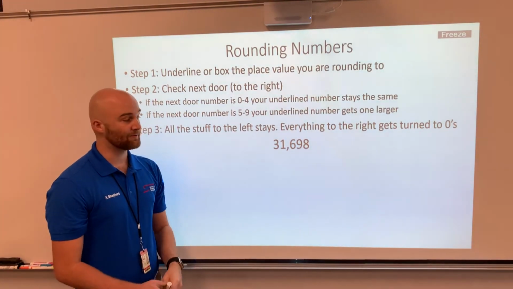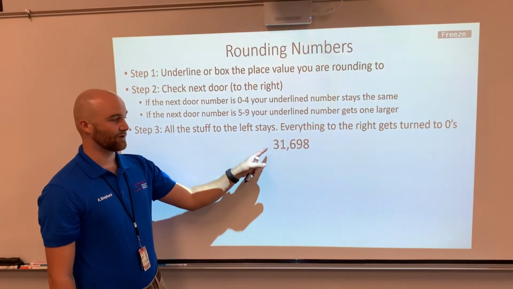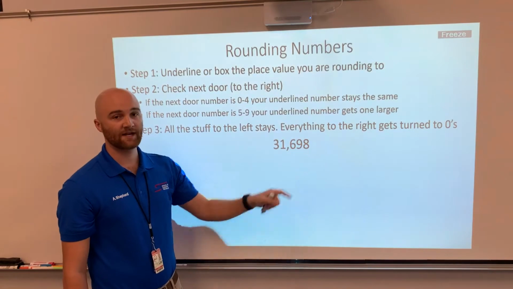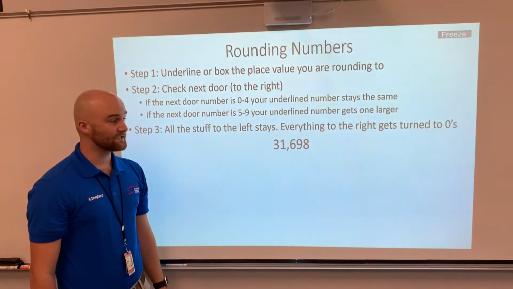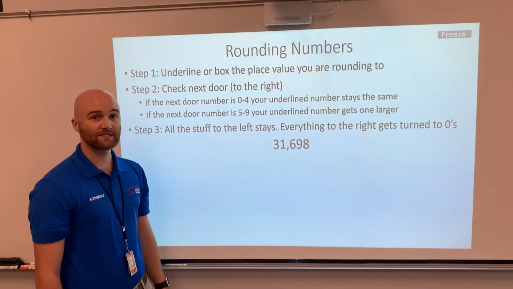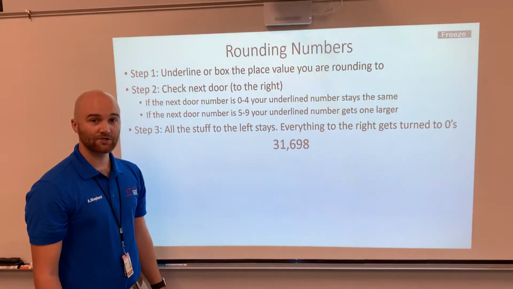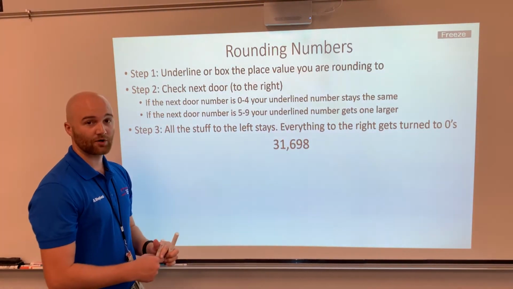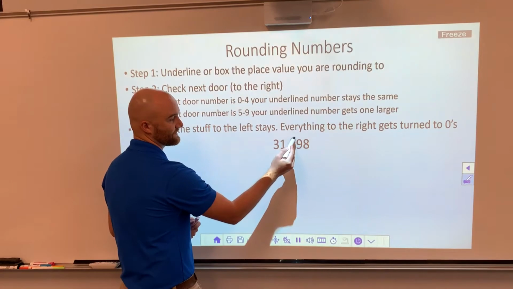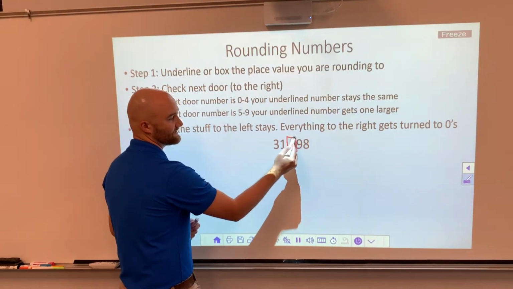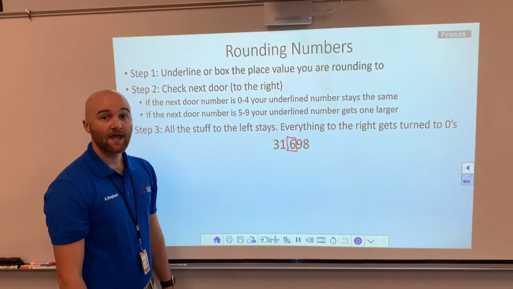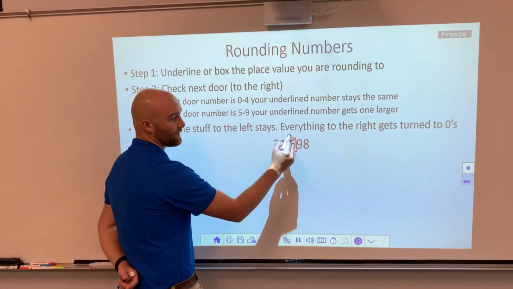So let's look at an example. If I wanted to round this number, 31,698, to the nearest hundreds place, the first thing I would do is put a box or put a mark around the hundreds place. This 6 is the hundreds place. Then I'm going to look next door, so I'm going to look to the right.